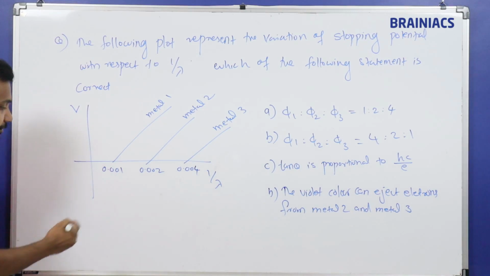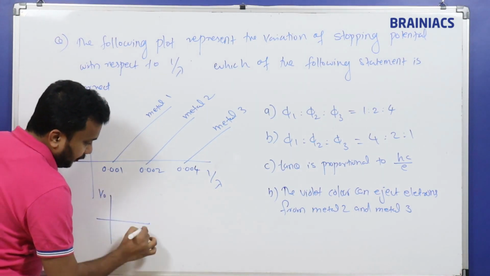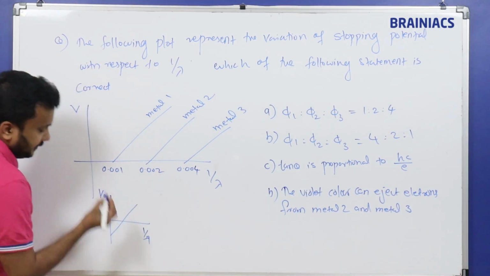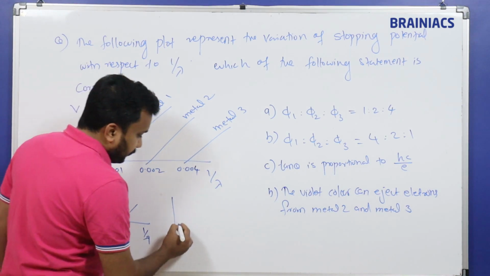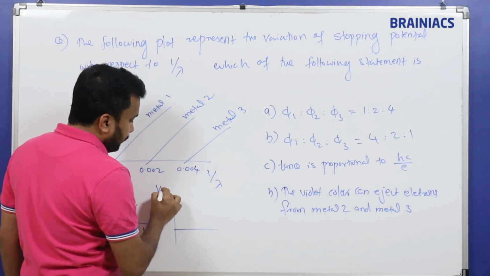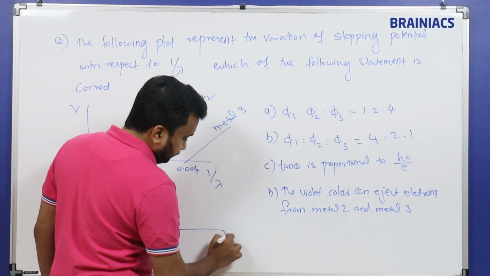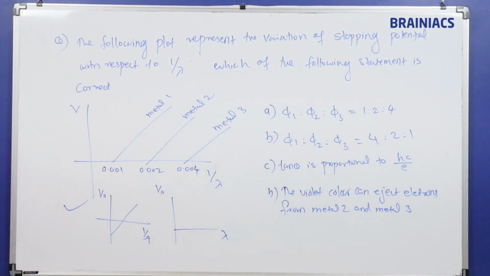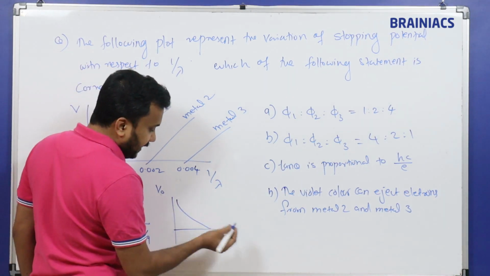Now I remember the graph we learned of V0 versus 1 by lambda is like this. Suppose the question asks for V0 versus lambda, not 1 by lambda, then the graph will be in a reverse way, slanting like this.